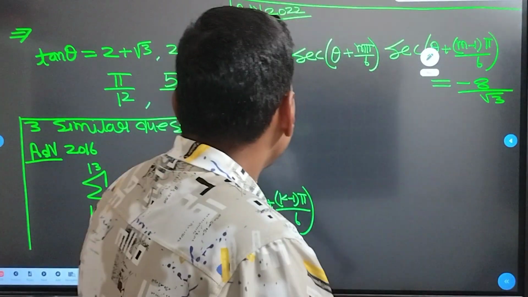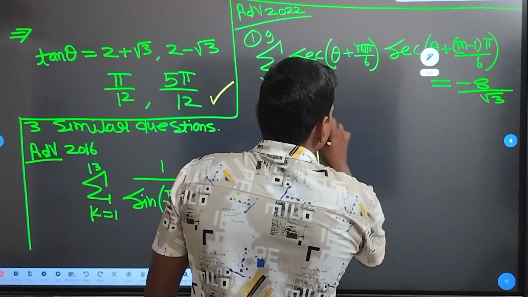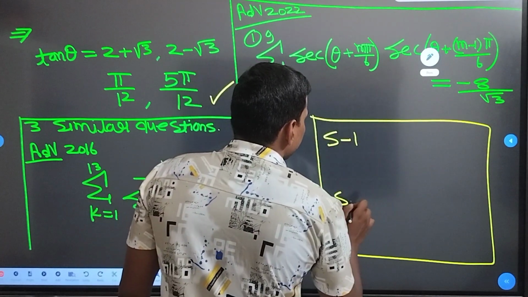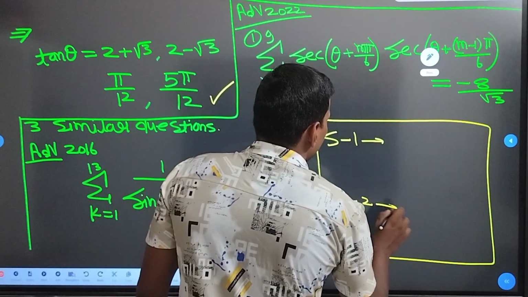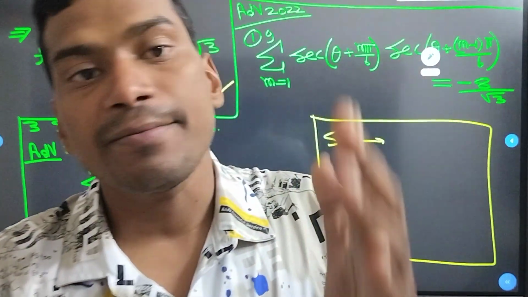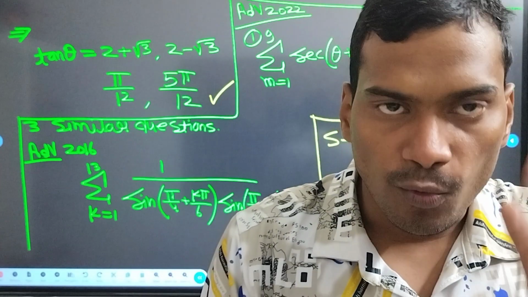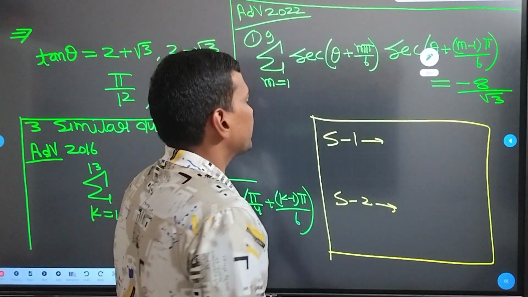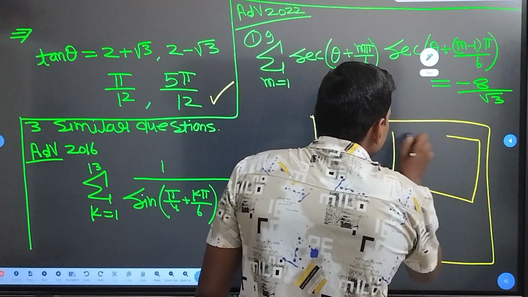So always remember this two-step procedure for the telescopic method. Step number 1, we reduce the general term as the difference of 2.